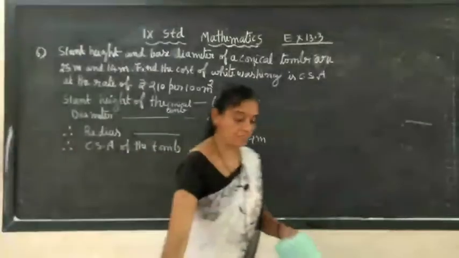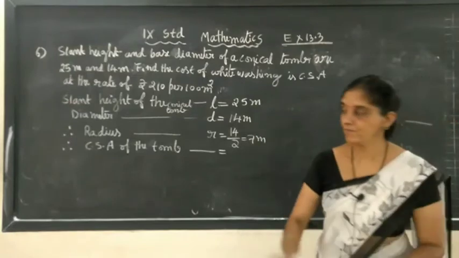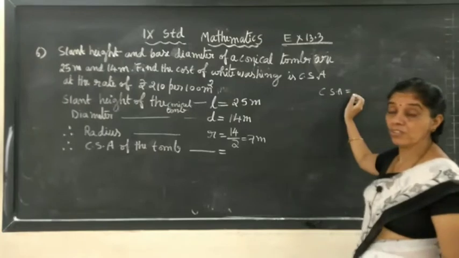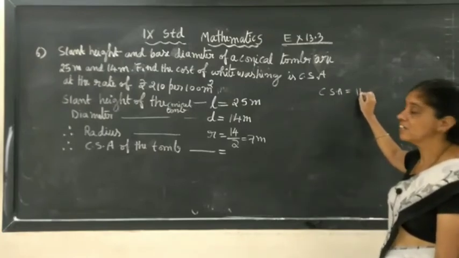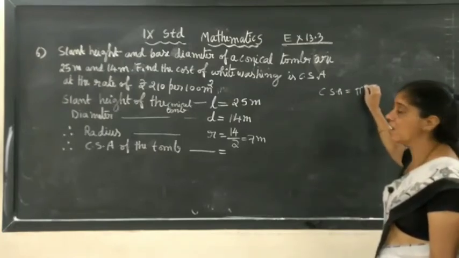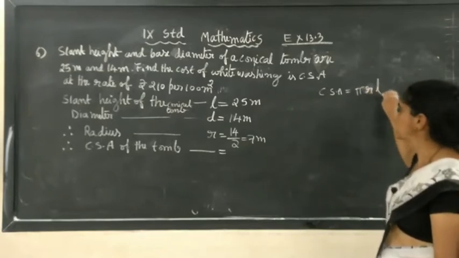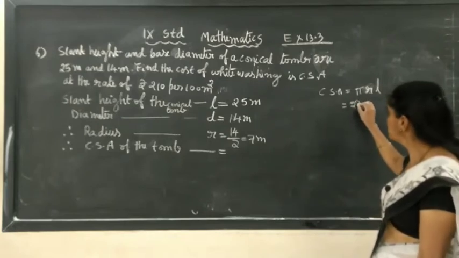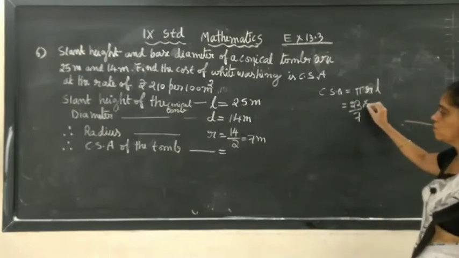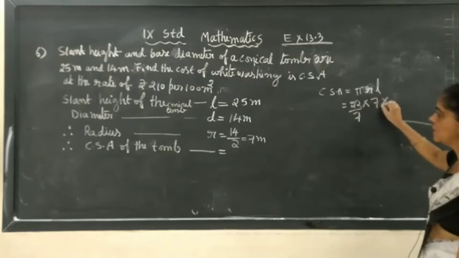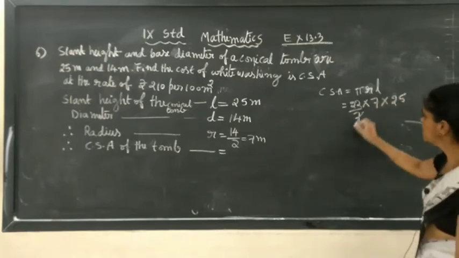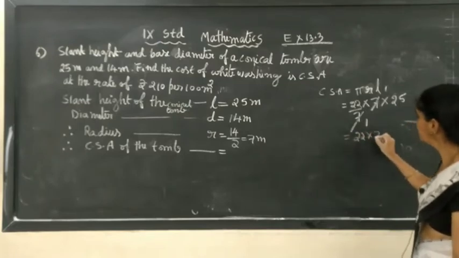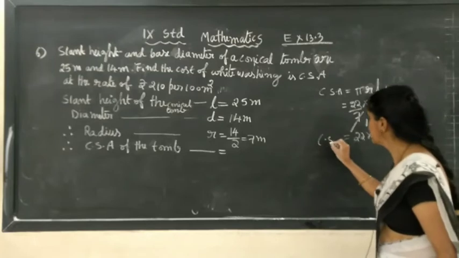Now, what is the formula? Tell me without seeing the book. It is pi r L. So it is equal to 22/7 into r, which is 7, into L, which is 25. The 7s cancel, so it is 22 into 25.